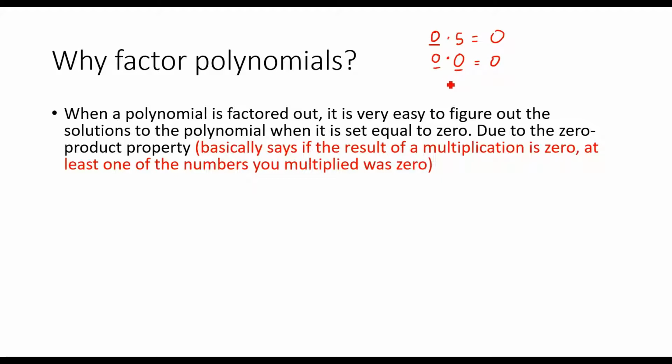But if I have any numbers that are not equal to 0 being multiplied together, like let's say 2 times 3, the product will never be equal to 0. So basically, at least one of them has to be equal to 0 in order for your result to be equal to 0 whenever you multiply two numbers. Now the same thing happens whenever you have factors, whenever you have polynomials.